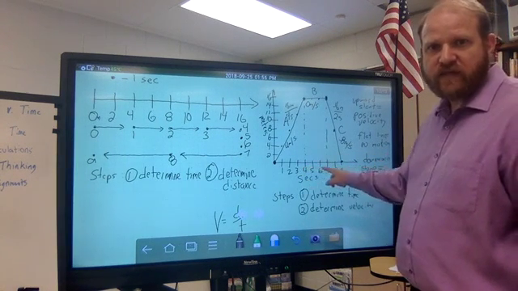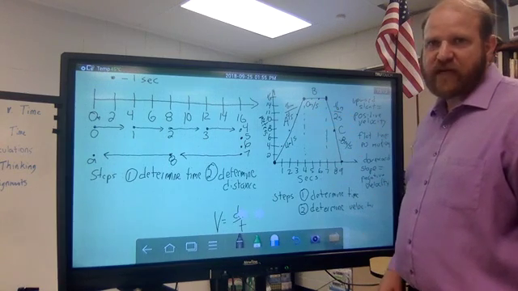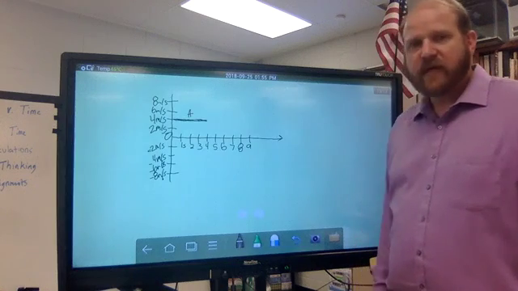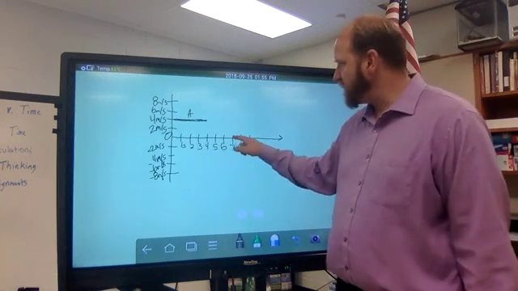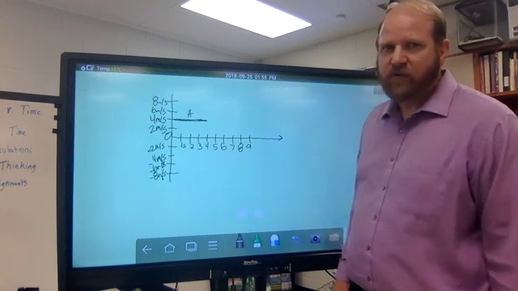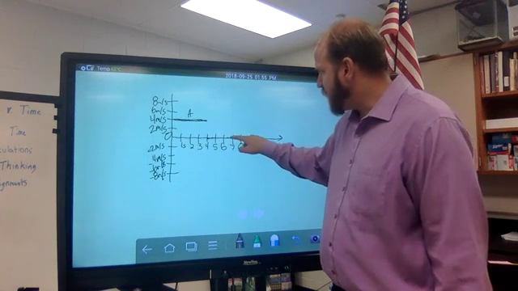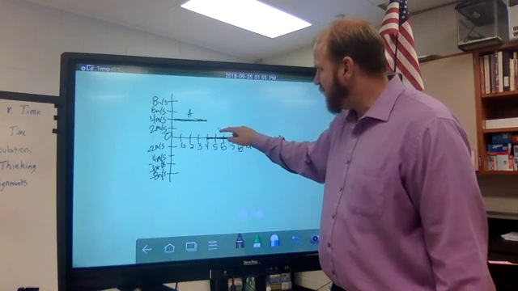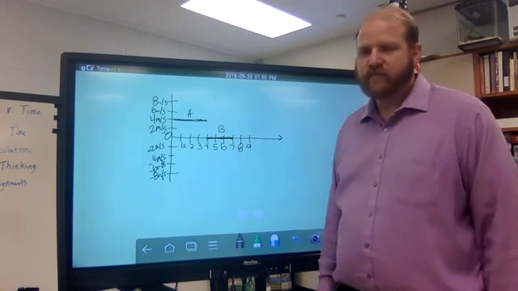So between 4 and 7 seconds, this person was traveling 0 meters per second. So I go back to my velocity graph, and I say, okay, between 4 and 7, they were going 0 meters per second. So that's right on the line itself. So this is line segment B.